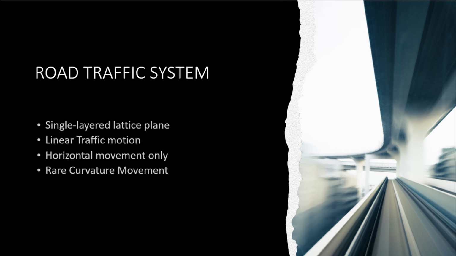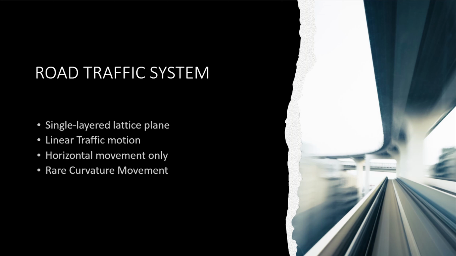So here single layered lattice framework is what we require. Next is linear traffic motion. Now the most dominant portion of road traffic is the linear movement. Obviously there are angular movements too, but they are not very dominant.